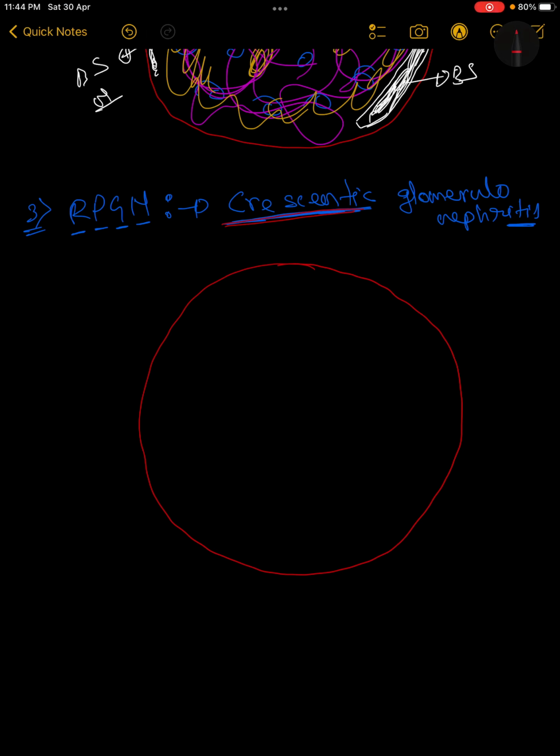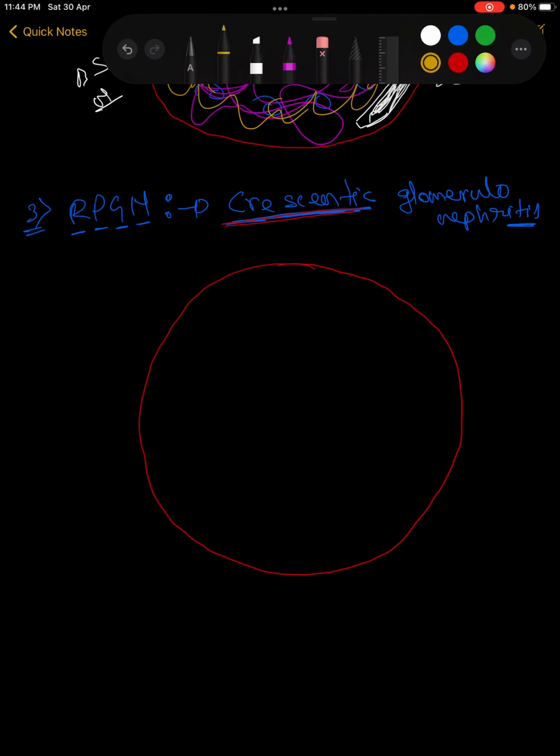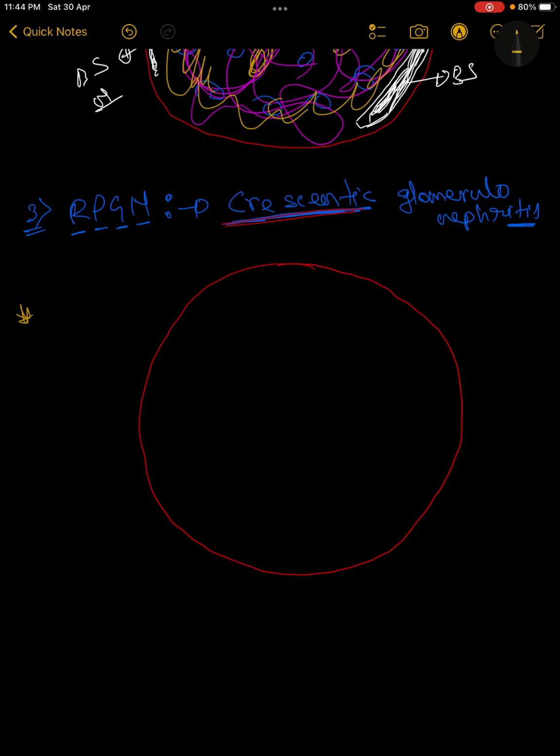So when I say crescentic, we have to know some points. First point is this glomerulonephritis will be segmental. So let's write here, this will be segmental. What do you mean by segmental? In a mini diagram, if you see, this is our glomerular tuft, and let's suppose this is our parietal epithelial cells, and in between we know the Bowman space.